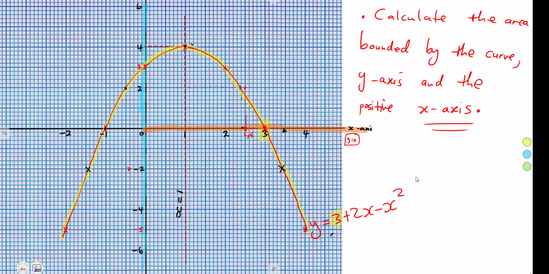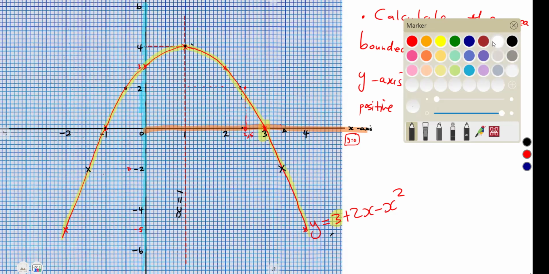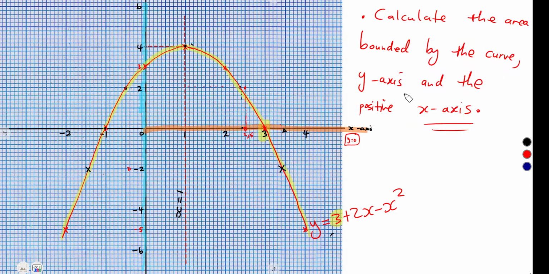Which region, guys, is left bounded, covered by these? The curve, the y-axis, the positive x-axis. Which region is left bounded, covered by those equations? This is the region covered here in between. This is the region that they want you to focus on.